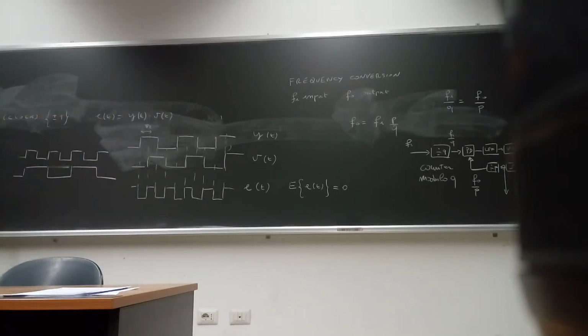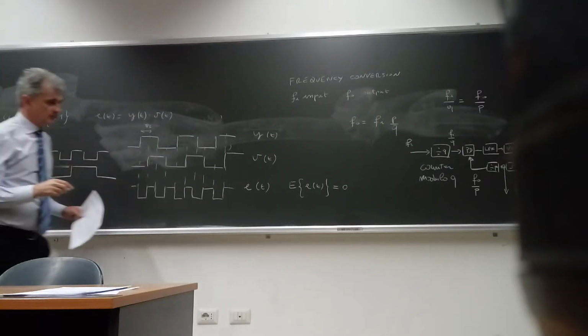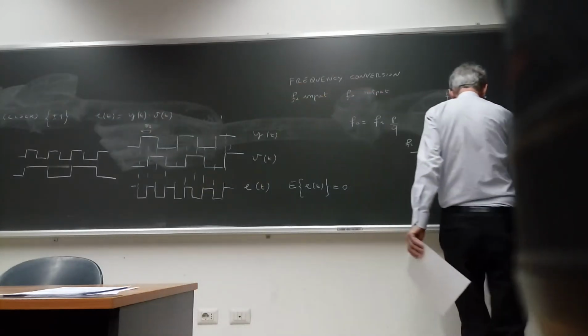This is the result of a modulo 2 counter. 1, 2, down. 1, 2, up. 1, 2, down. And the counter is a very, very simple electronic circuit. You can build it, in this case, with 2 flip-flops. This will be a counter modulo P.